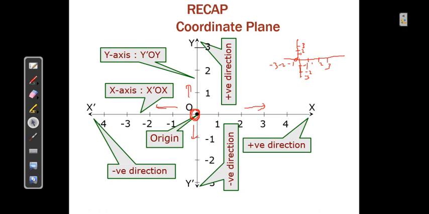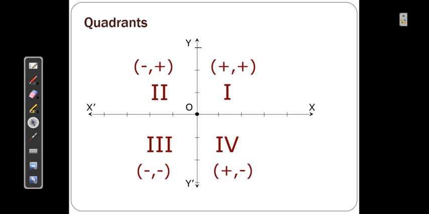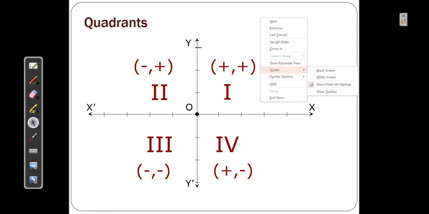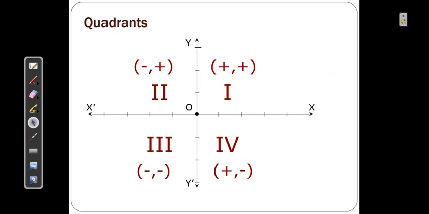Again, a very, very important part: the quadrants. We divide our coordinate plane into 4 quadrants. See, this is the first quadrant, this is the second quadrant, this is the third quadrant, and this is the fourth quadrant. This has a vast range of application, from class 11, 12, derivatives, integration, trigonometry.